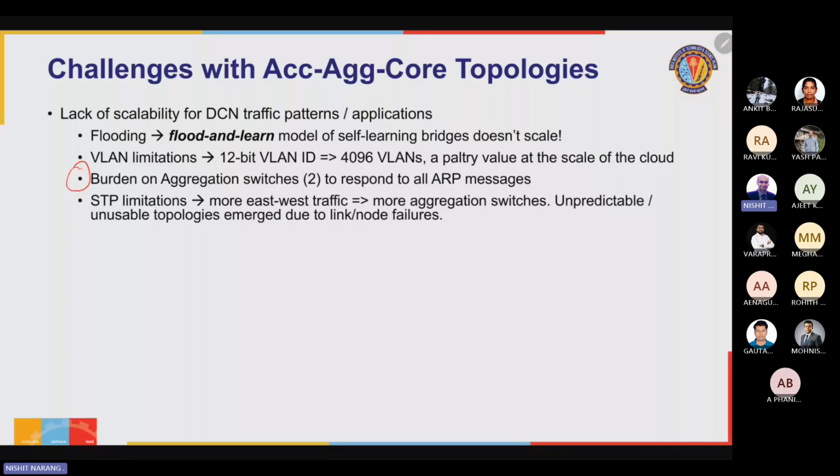Fourth, while the STP protocol is defined to cater to network faults. We said one of the principles of STP is to translate a network graph into a network tree.